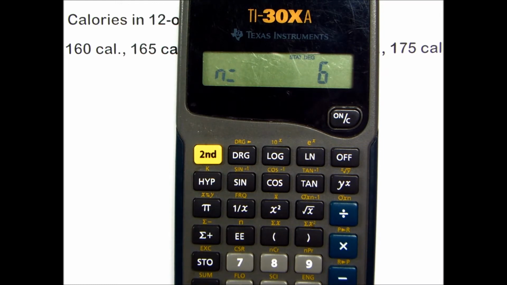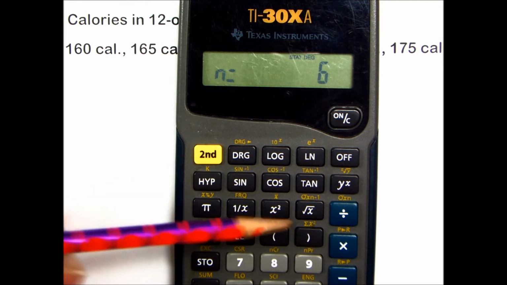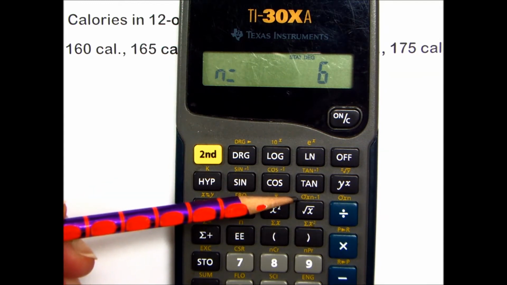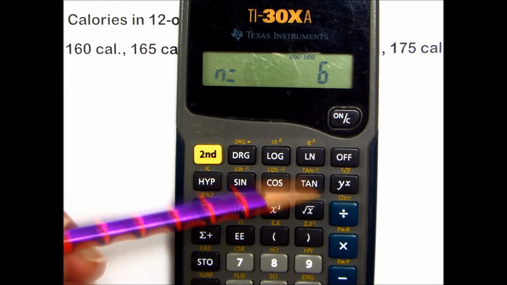Now to find the standard deviation, the one in particular that we want is the sample standard deviation, which is actually located above the square root key. Sigma is this symbol here, often used to stand for standard deviation, and it has xn-1. That n-1 is the indication for the sample standard deviation.